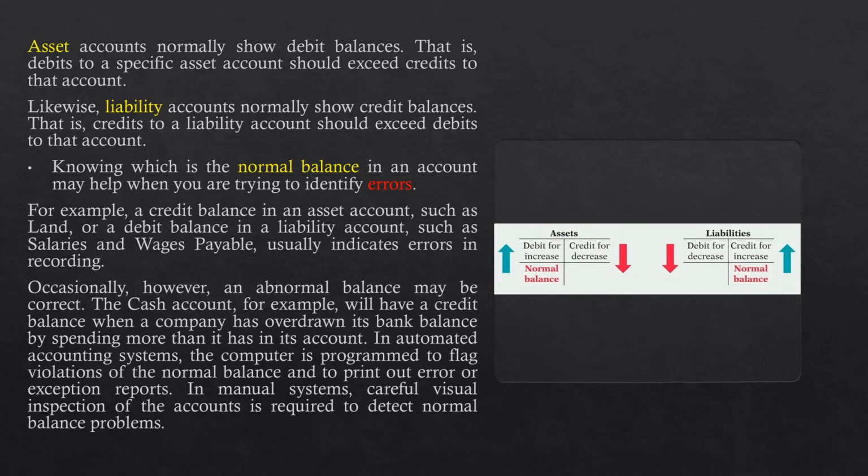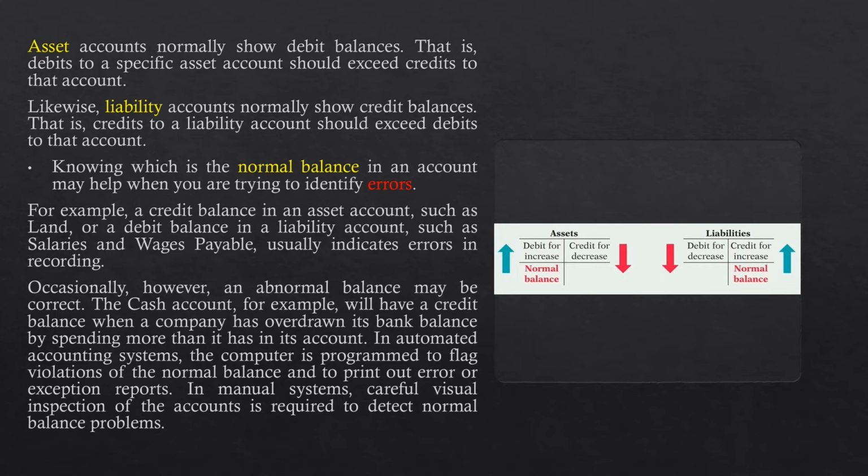Okay, so for example, a credit balance in an asset account such as land, or a debit balance in a liability account such as salaries and wages payable, usually identifies errors in recording. Occasionally, however, an abnormal balance may be correct. The cash account, for example, will have a credit balance when a company has overdrawn its bank balance by spending more than it has in its account.